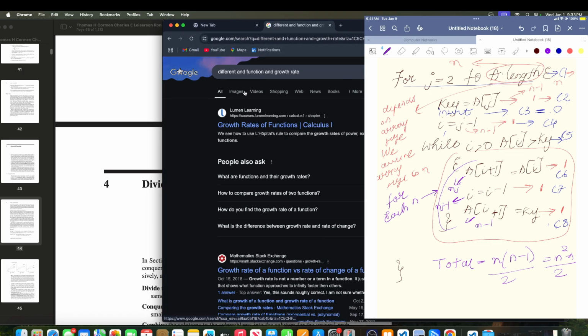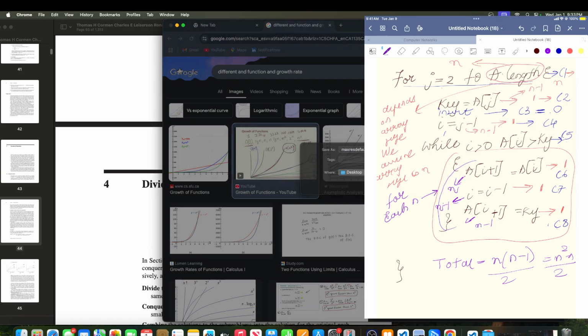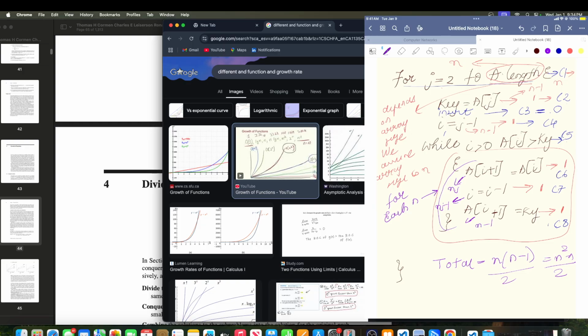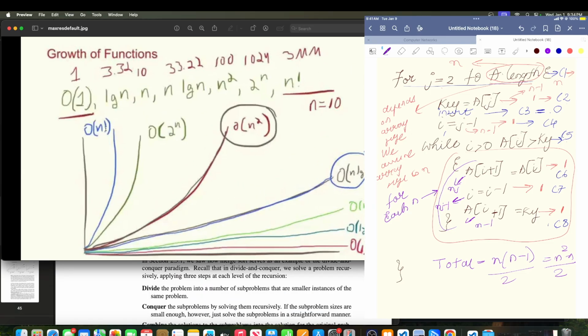Yeah, this is what I'm saying. If it's n factorial, this has a very high growth.